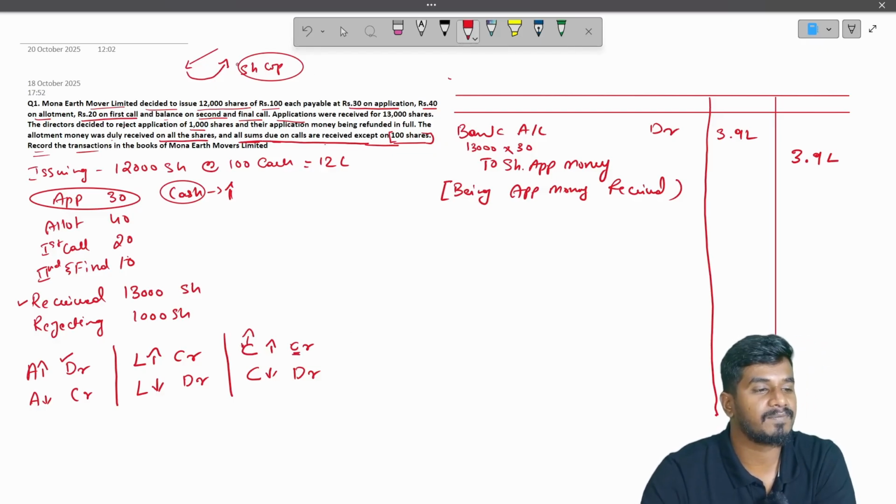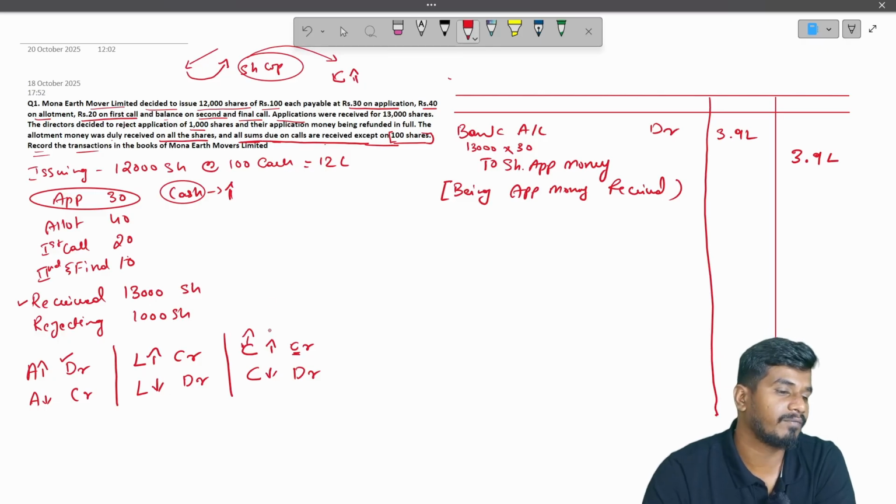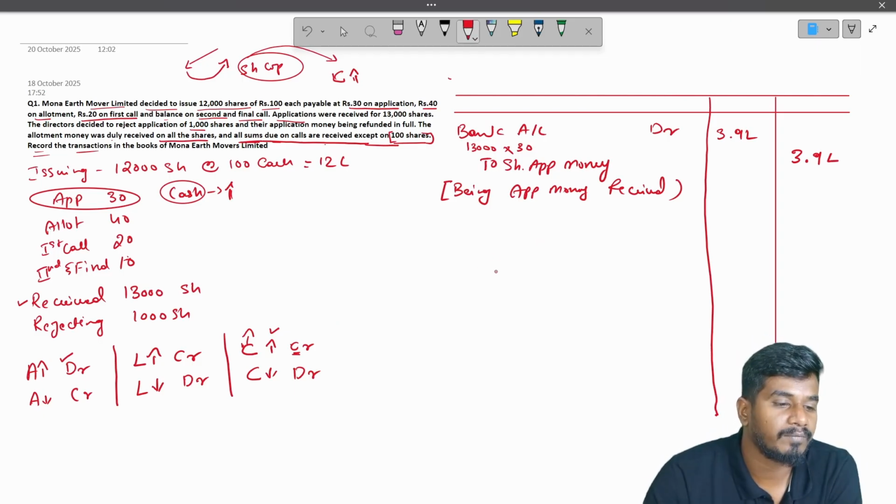If we transfer money from share application to share capital account, what will happen? Capital will rise, capital increases. So share capital will be on credit. Correct. So what we need to write? To share capital account.